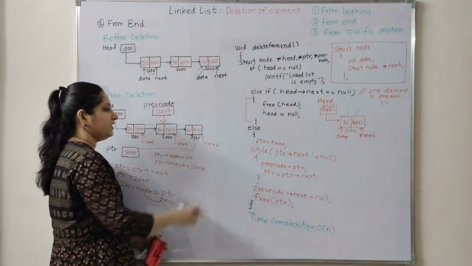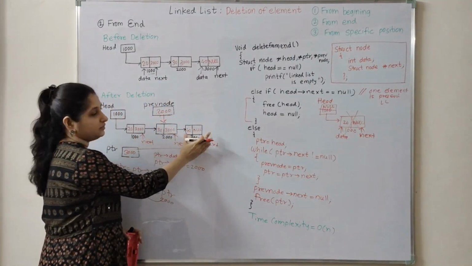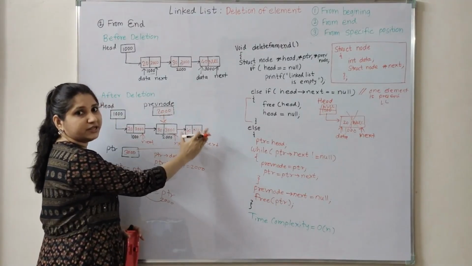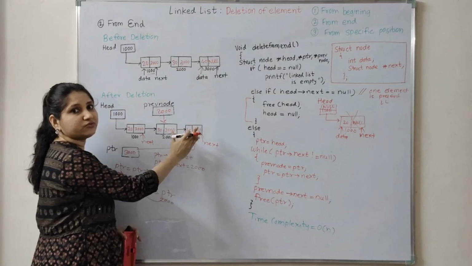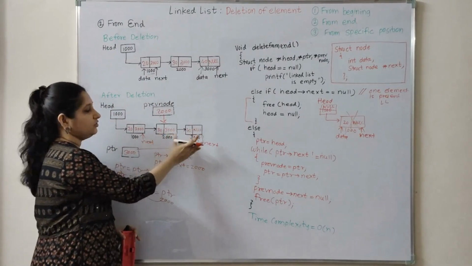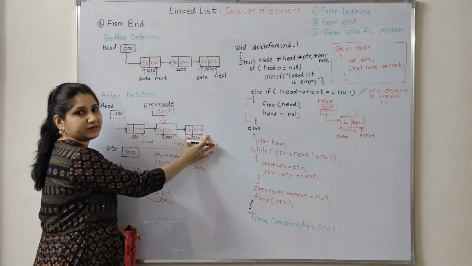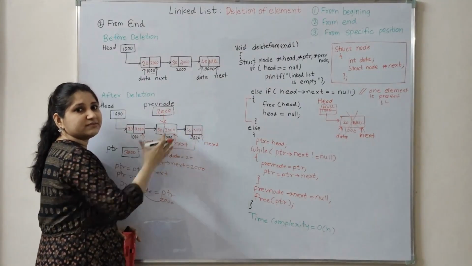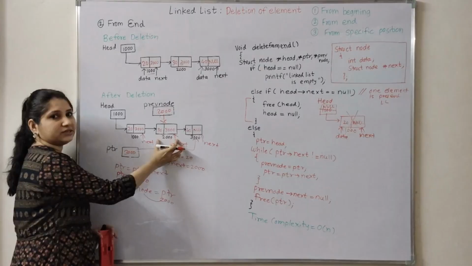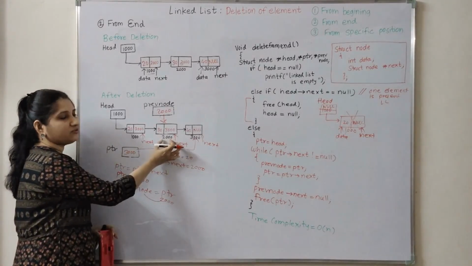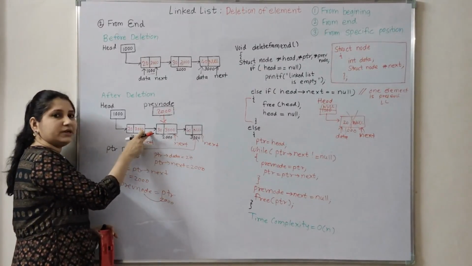Once we delete that element, according to our linked list rule, the next part of our last element will be null. Once 40 is deleted, what is our last element? That is 30. So in that 2000 memory location, the value will be 30.